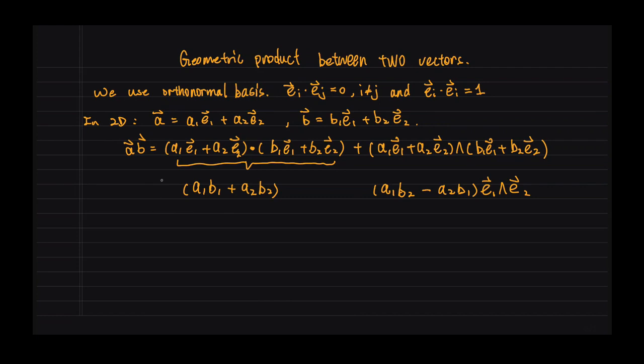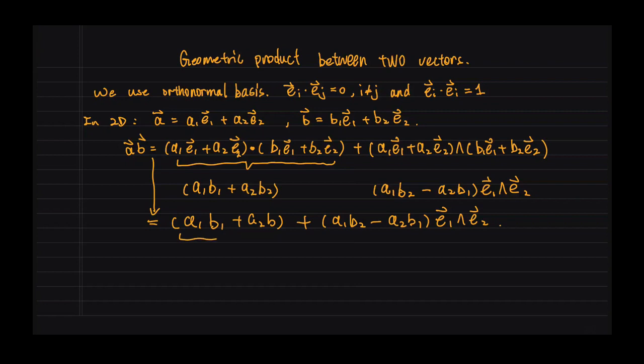Maybe we can write it in this way. So this would become a1 b1 plus a2 b2, plus (a1 b2 minus a2 b1) e1 wedge e2.